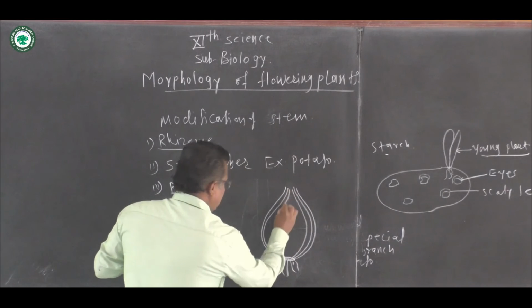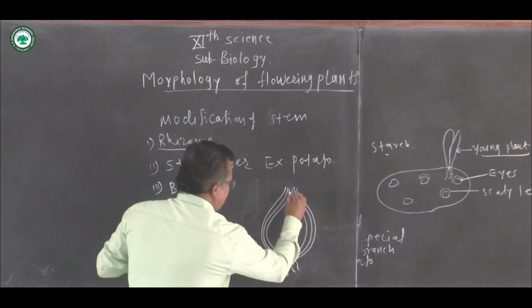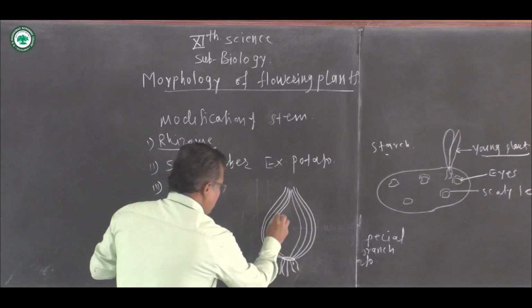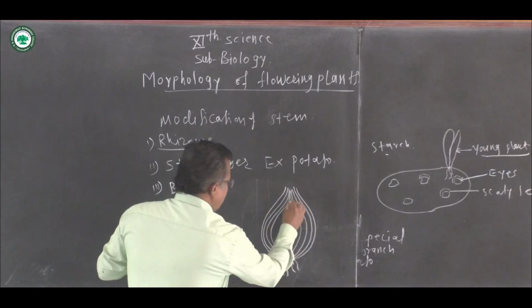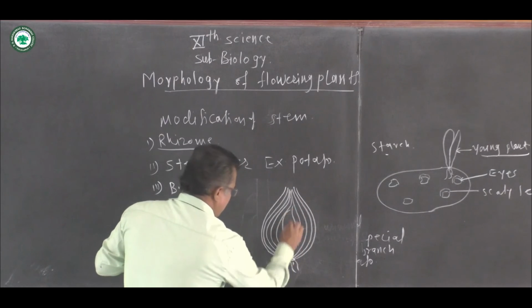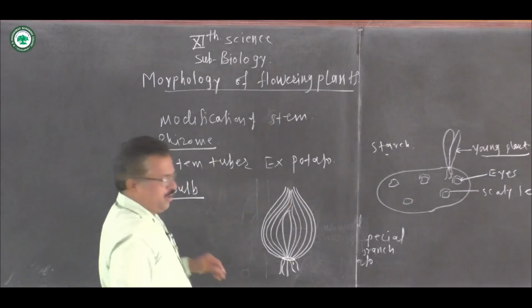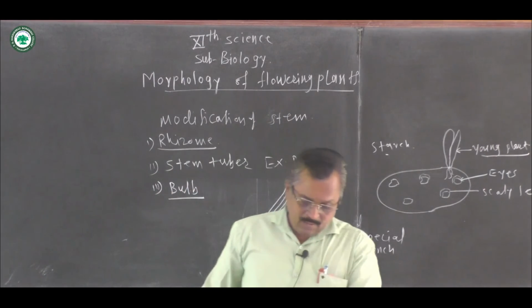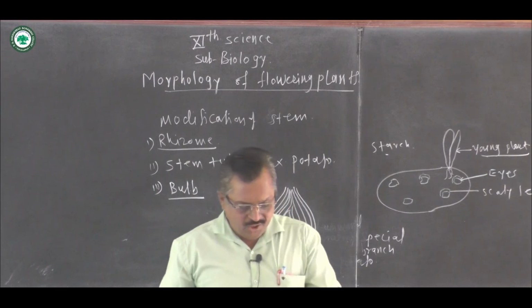Here the base of the leaves is swollen for storing food, and it bears a whorl of fleshy leaves.